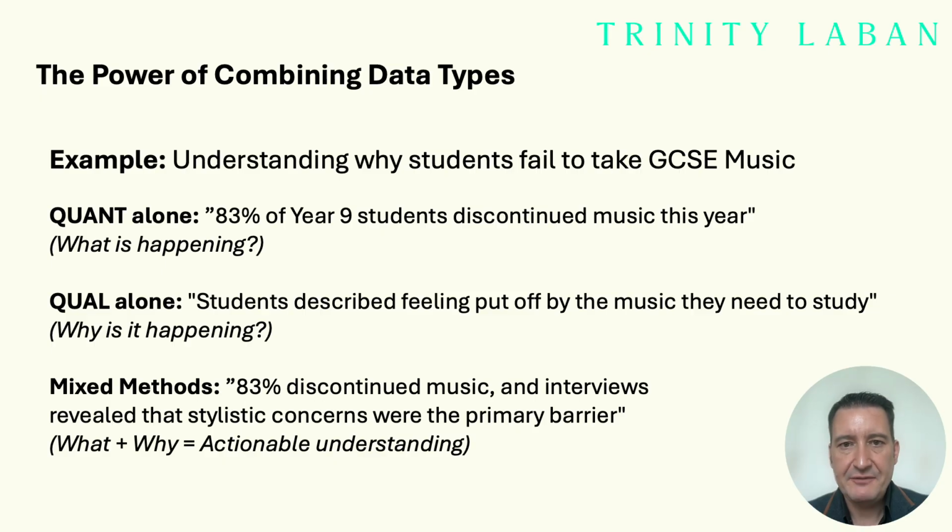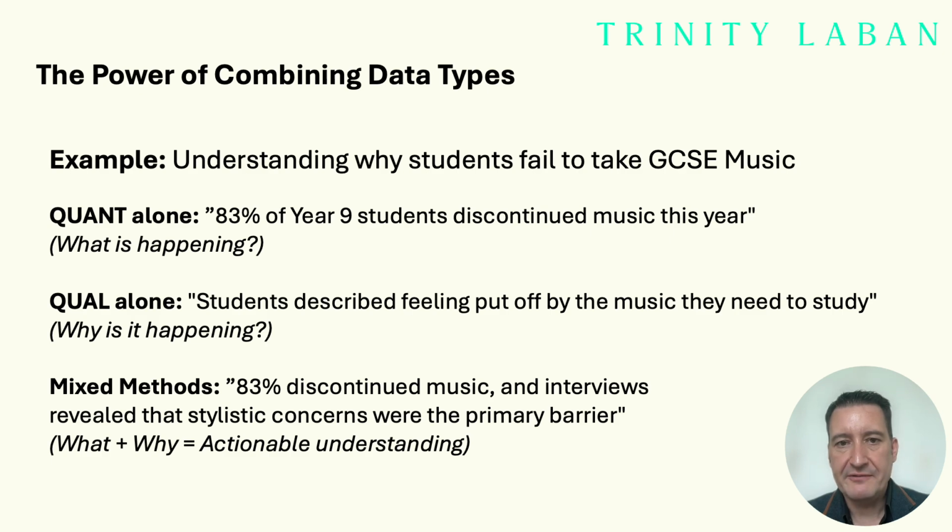However, on the reverse side, if you only have the qualitative data, you might interview a few students who discontinued music. They might describe why they're not choosing to take GCSE music. Perhaps they're saying things about musical styles that they're required to study, if set works might feel irrelevant. So this would give you an insight as to why.